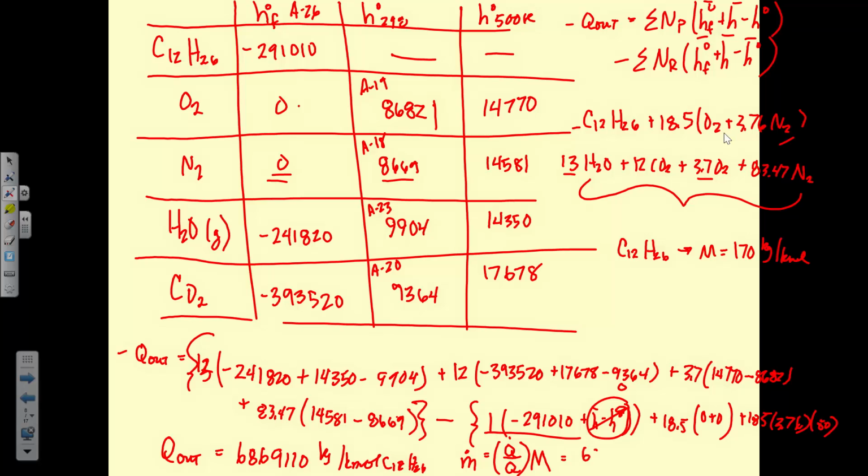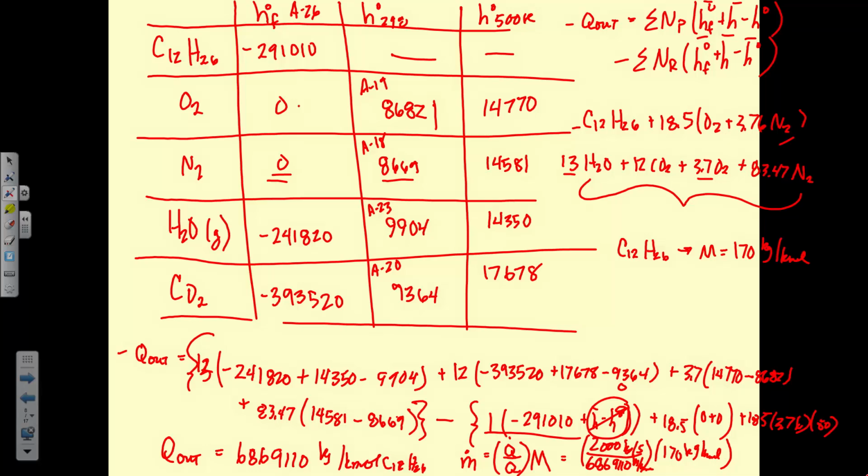So we do 2,000 kilojoules per second divided by this 6869110 kilojoules per kilomole, and then multiply by the molar mass, which is 170 kilograms per kilomole.